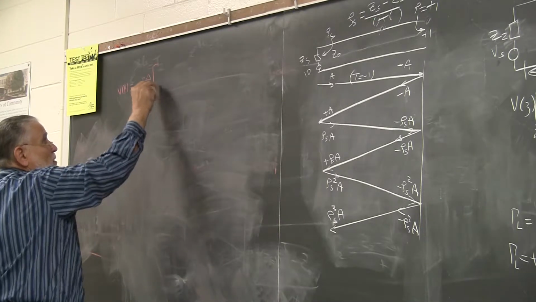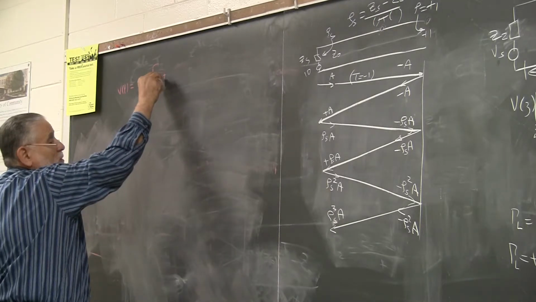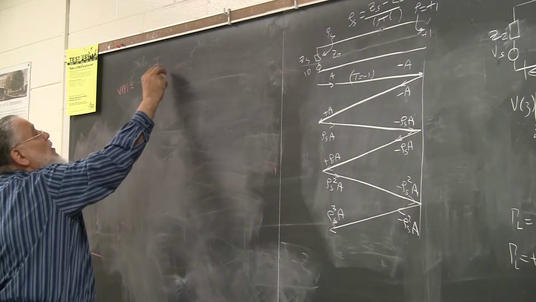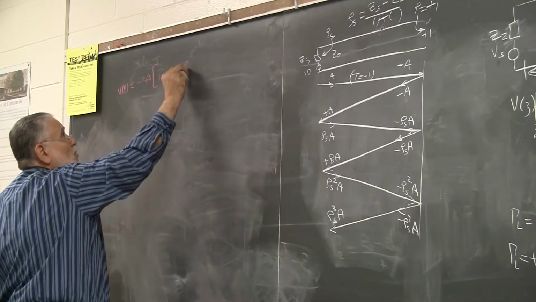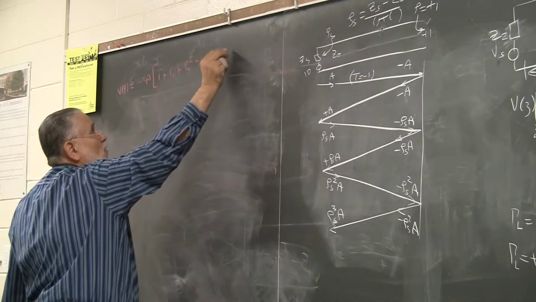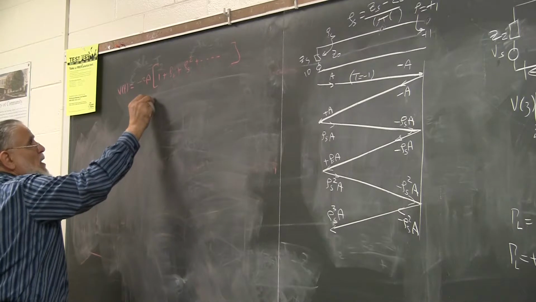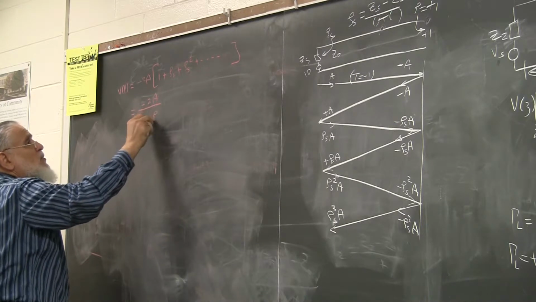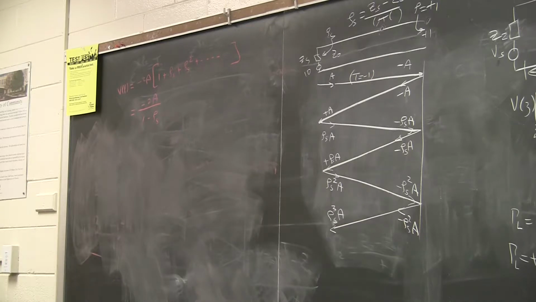I guess I can take it as a coefficient, and I say 1 plus rho S plus rho S squared plus dot dot dot, right? Can you see that? So it's equal to minus 2A over 1 minus rho S. Isn't that a geometric series, and that's the sum of the geometric series?